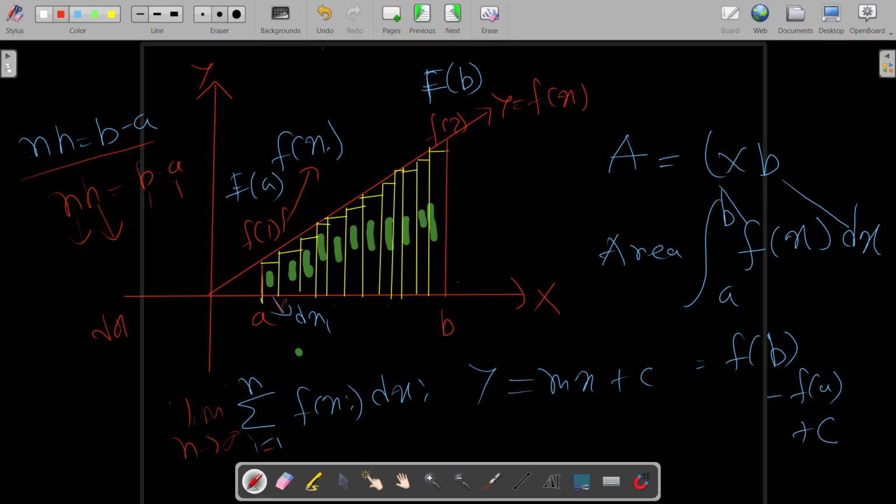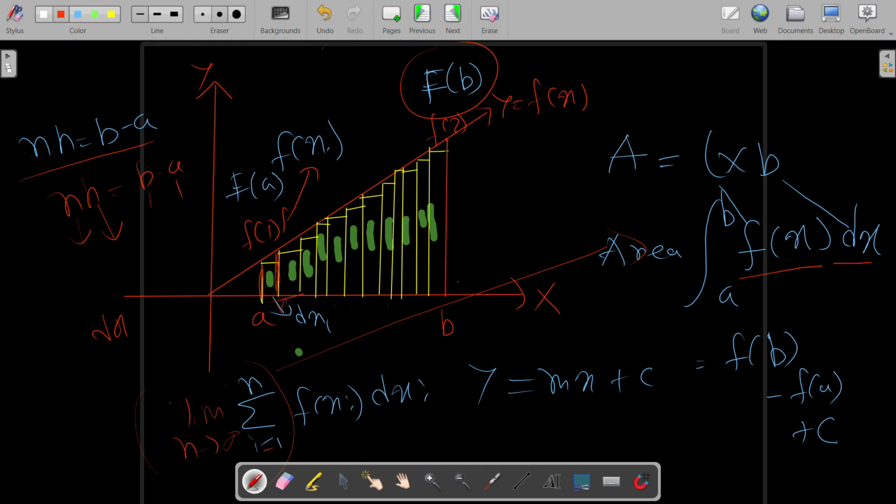So this summation sign becomes the integration sign. Area equals what? Length. This length is obviously f(x). This breadth is dx. So the sum of all, integration from a to b, gives f(b) minus f(a) plus c. This is f(b), this length, and this is f(a).